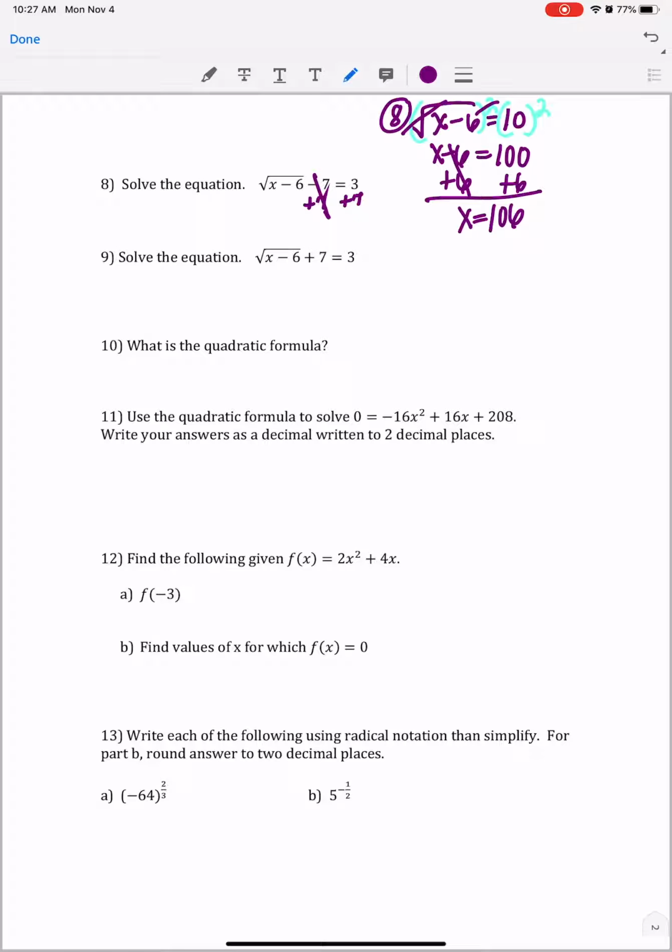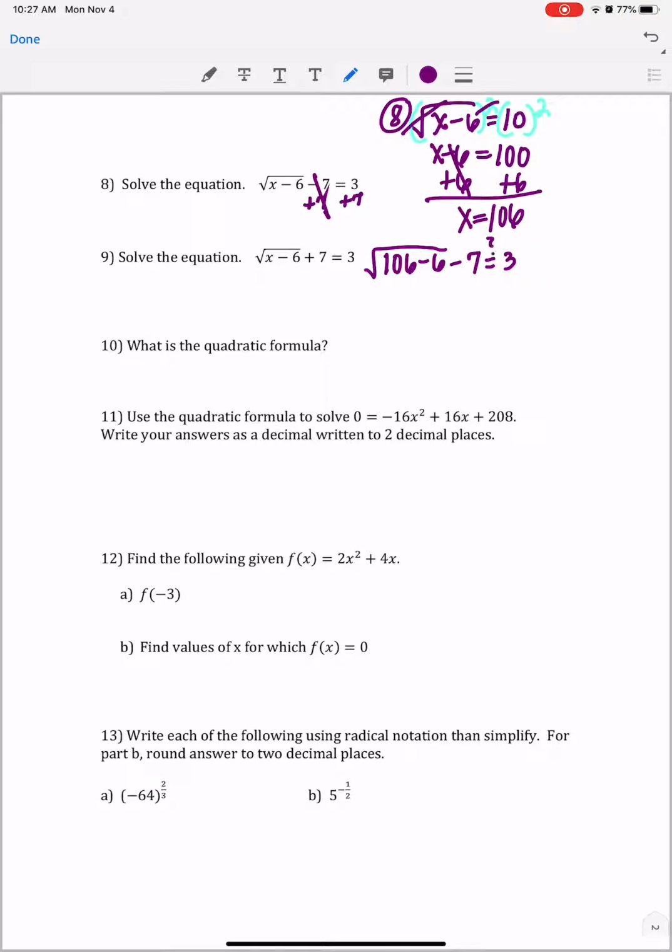Now, before I can circle my x equals 106, we have to plug this in and check to make sure we don't have an extraneous solution. So we're plugging this into the original. So I've got the square root of 106 minus 6, minus 7 on the outside, equals 3.